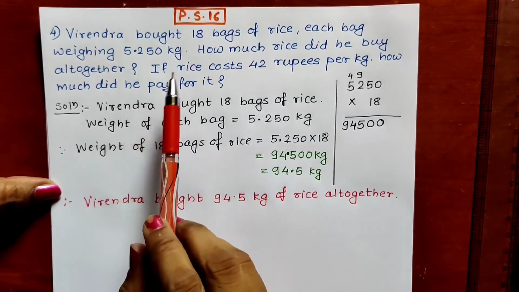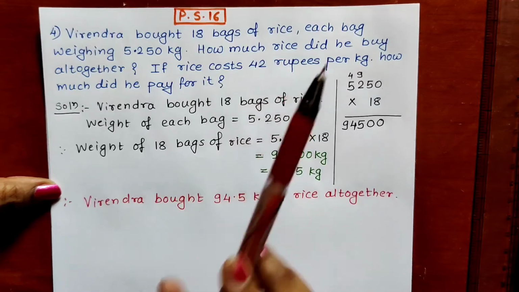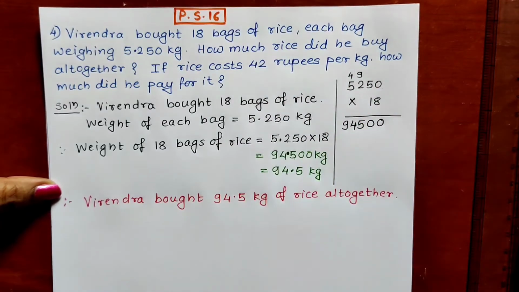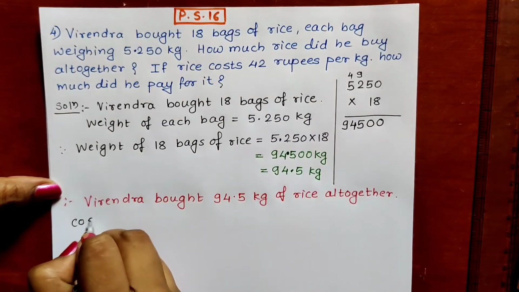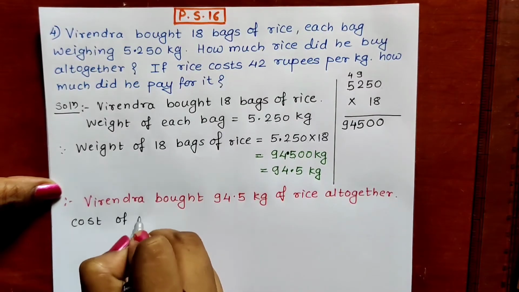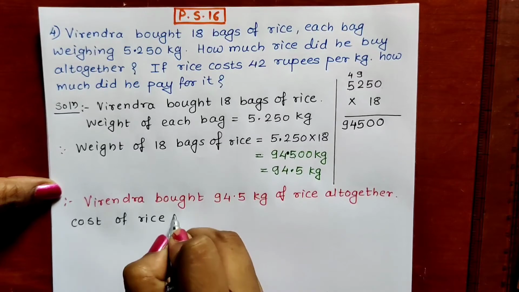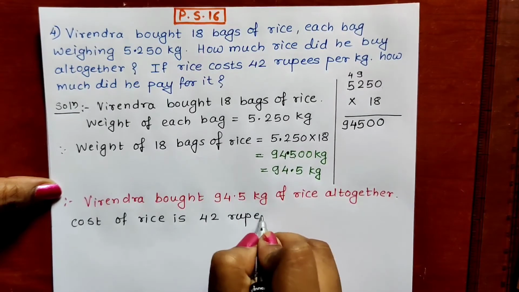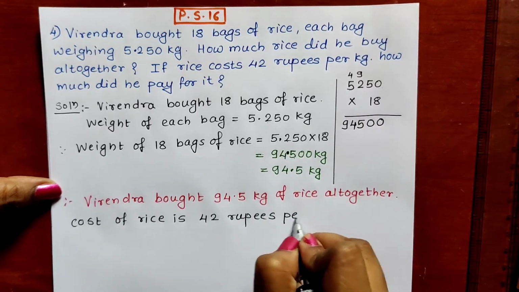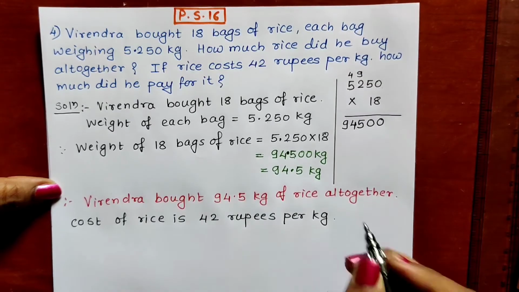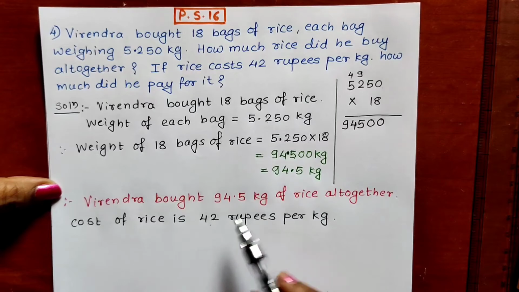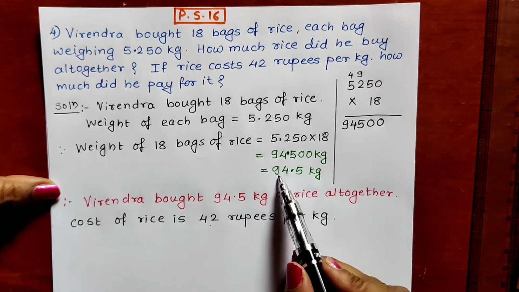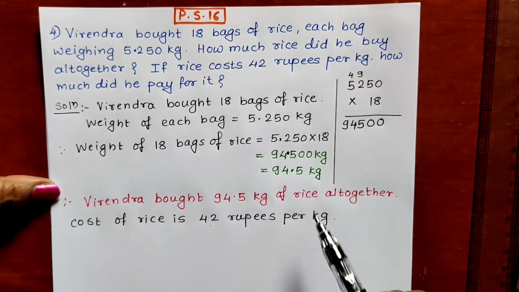Now what is next? If the rice costs 42 rupees per kg, so we will be writing: cost of rice is 42 rupees per kg. Per kg means 1 kg. 1 kg rice costs 42 rupees. So what will be the cost of 94.5 kg of rice?